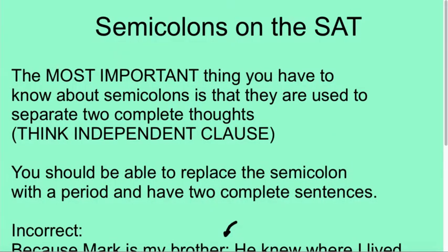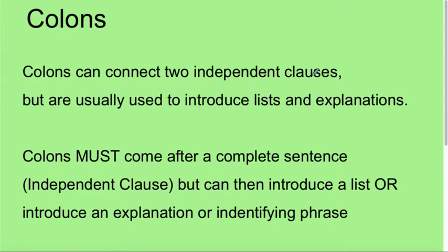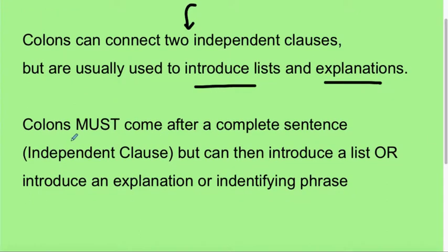All right, so let's move on to colons. Colons also can connect 2 independent clauses, but are usually used to introduce lists and explanations or an identifying phrase. Now here's the good part.